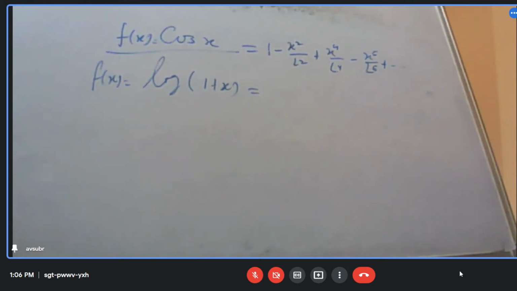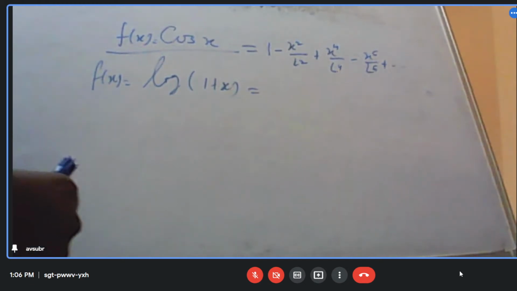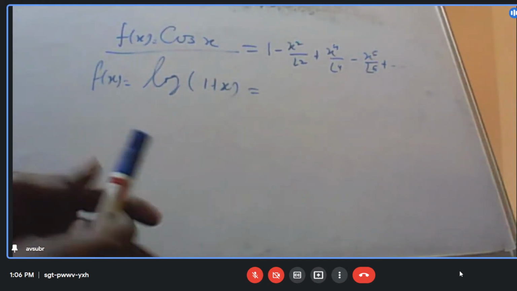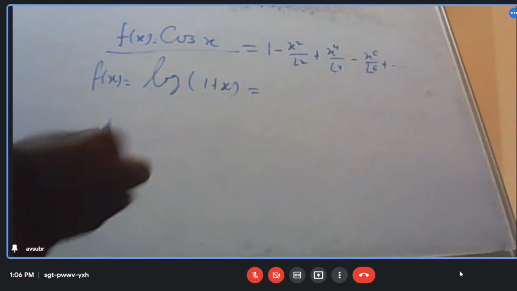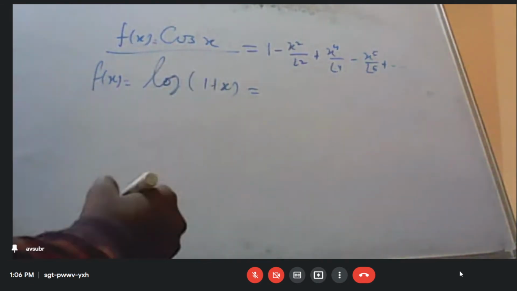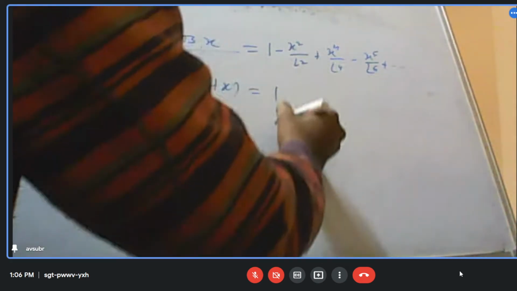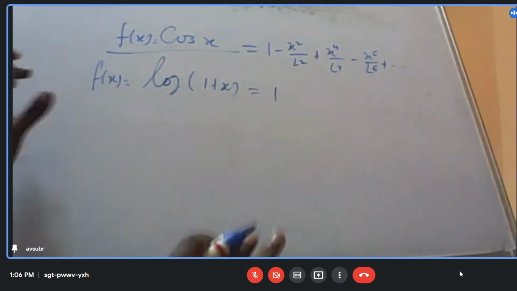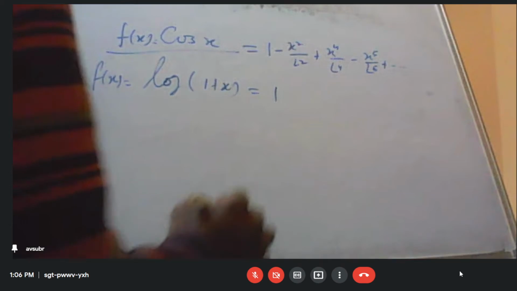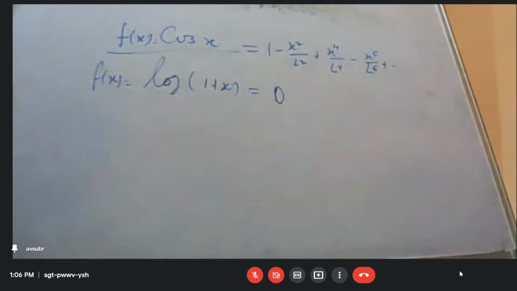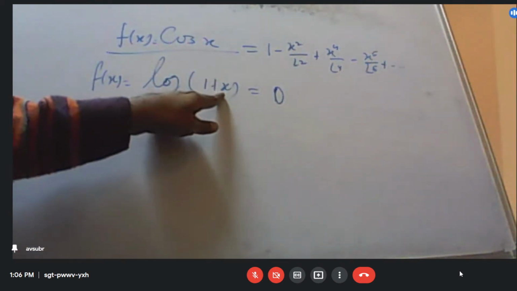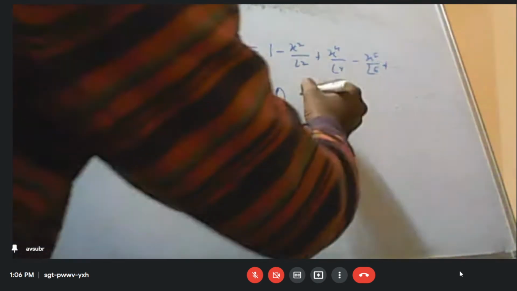So, sir, first derivative निकालेंगे तो 1 by 1 plus x. First term क्या आएगा इसमें? 1 into 0, log 1 आएगा, x equal to 0 है ना। First term 0 आएगा.